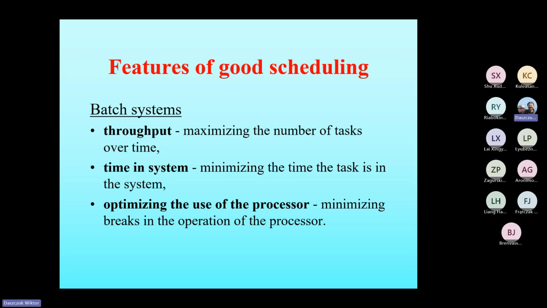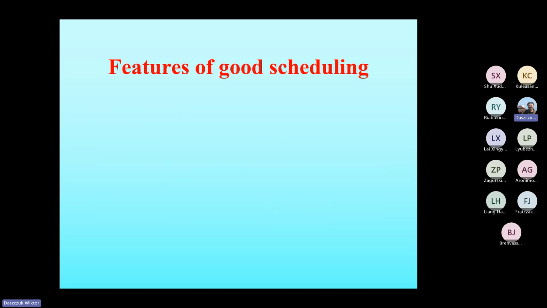So after the invention of interrupts, the processors are utilized much better, but maybe not fully utilized. So the utilization of the processor is a very important parameter in a batch system.